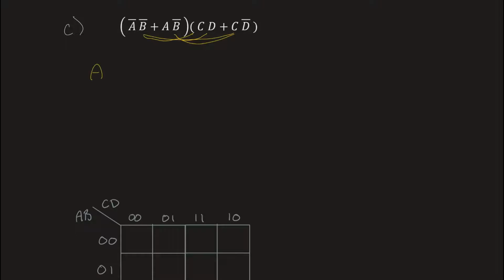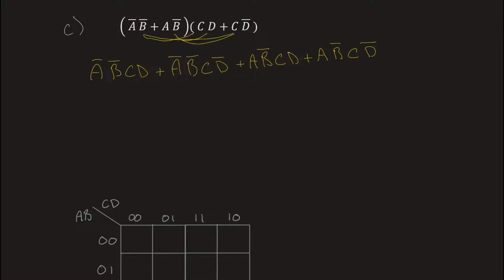So that's A naught, B naught, C, D, or A naught, B naught, C, D naught, or A, B naught, C, D, or A, B naught, C, D naught. Okay? Now it's in sum of products and it's in standard sum of products.